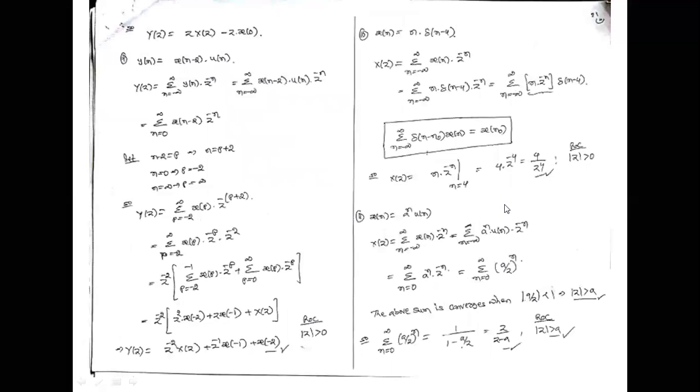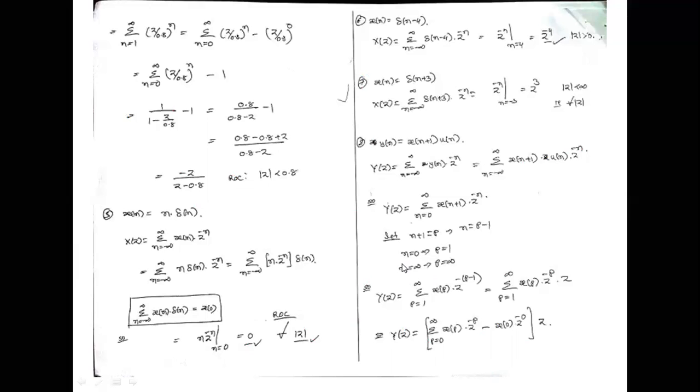So, next example. Here we get z minus x of 0 also, because if it is unilateral, we can definitely add or subtract z into x of 0 according to the definition, because only a one-sided z transformation is considered.